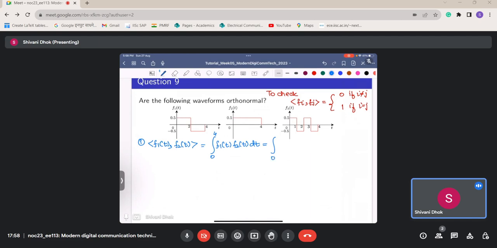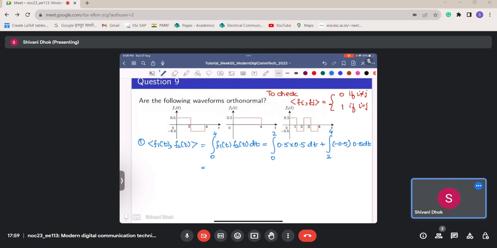So it will be 0 to 2, f1(t) is 0.5 and f2(t) is again 0.5 dt, and plus 2 to 4, f1(t) is minus 0.5 and f2(t) is 0.5 dt.